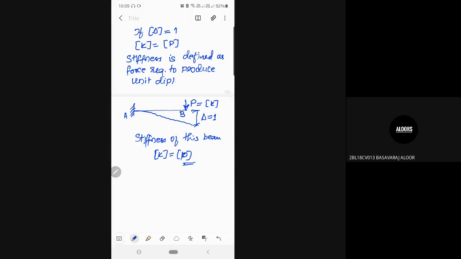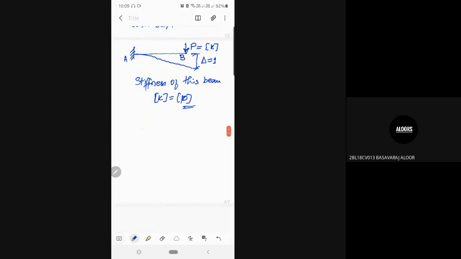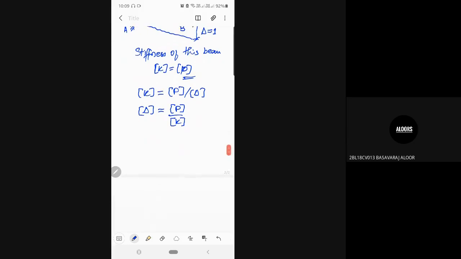Please remember this. Now when stiffness is equal to force by displacement, then the displacement delta is P by K, or 1 divided by K, which is the inverse, K inverse into P. Always you have to take the inverse matrix first, then the next matrix.